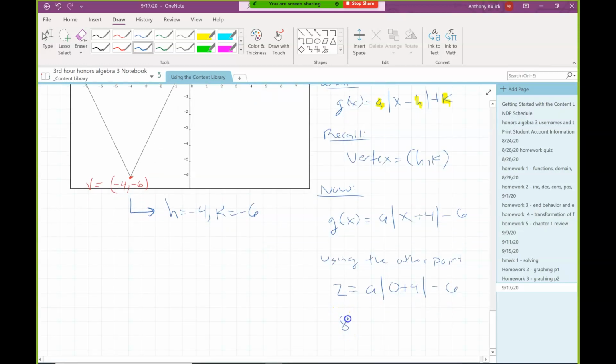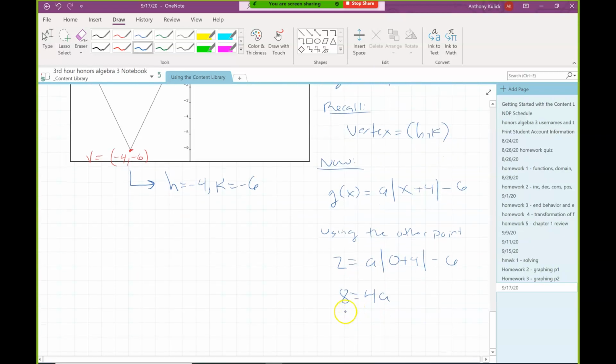If I add the 6 to both sides and simplify the absolute value, I have that 8 is equal to 4a, or that just a is equal to 2.